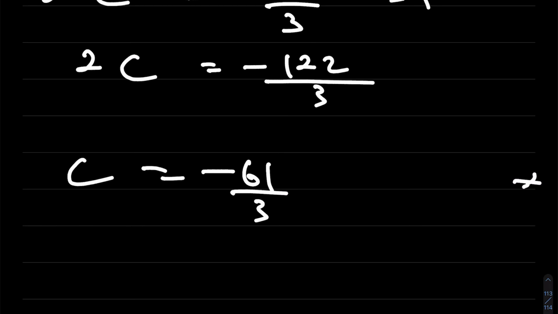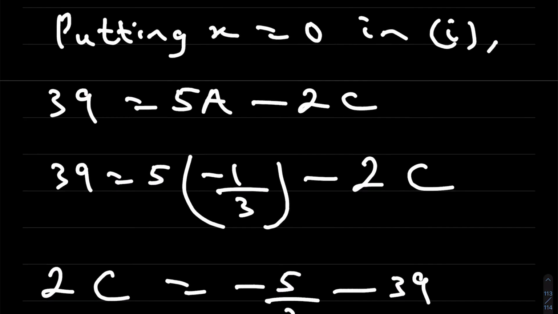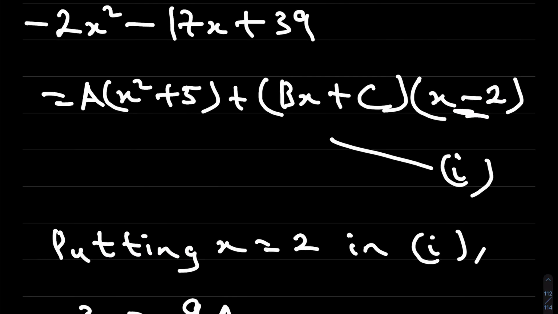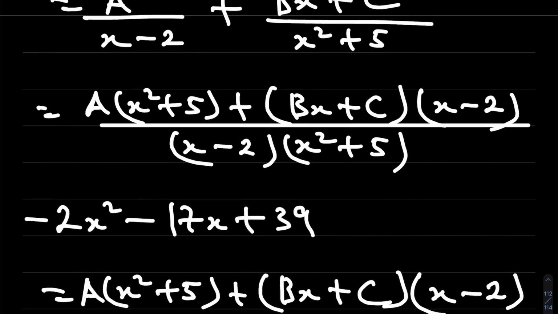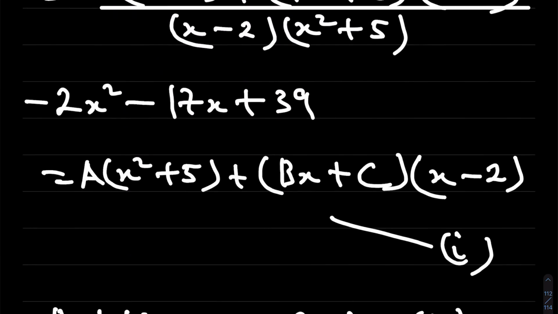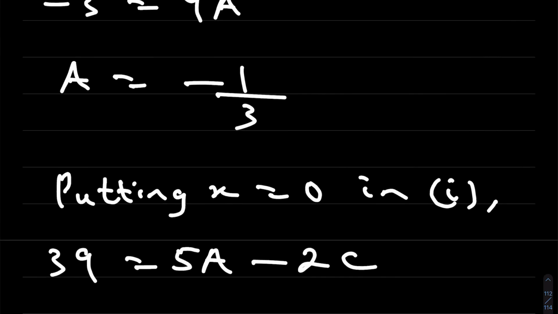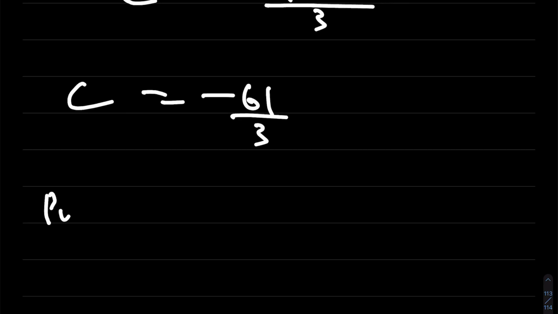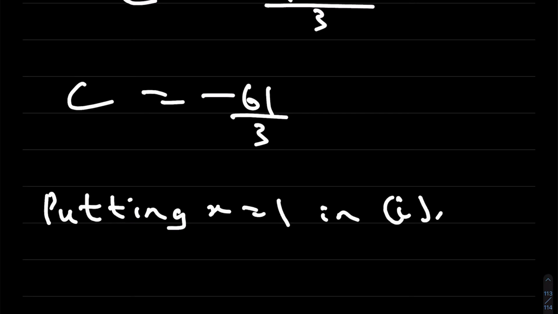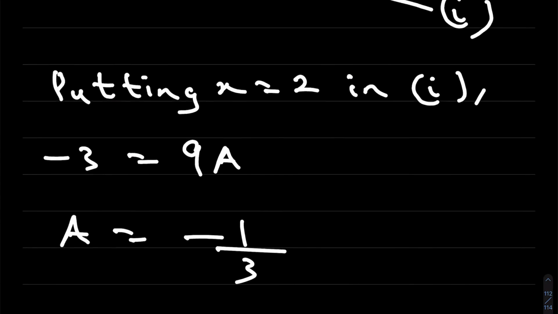Now we have a and c. How do we find b? What do I put in equation 1 to get a simpler equation, or even maybe b? Let's see. I put x equals 2, and I've put x equals 0. Now let me put x equals 1. Putting x equals 1 in equation 1, what am I going to have on the left hand side?